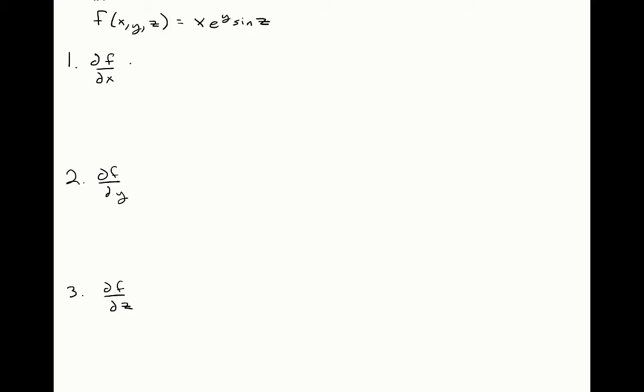Alright, so if x is our variable, then we just get e to the y sine z. If y is our variable, well, the derivative of e to the y is still e to the y. So nothing changes in this case.